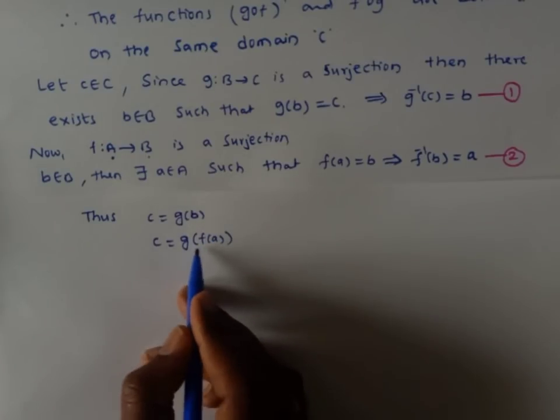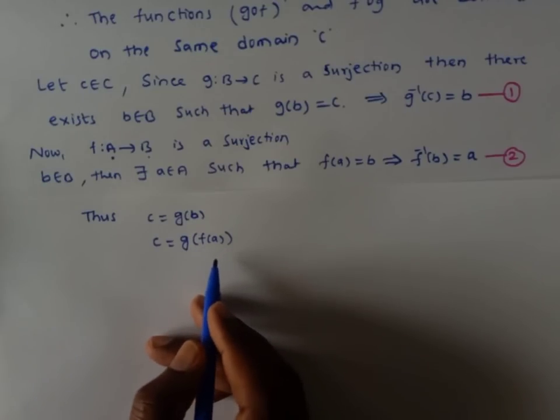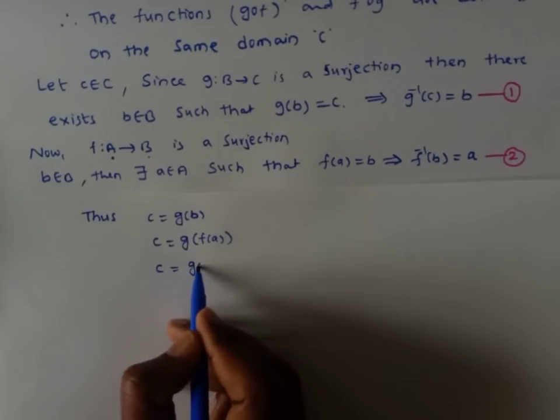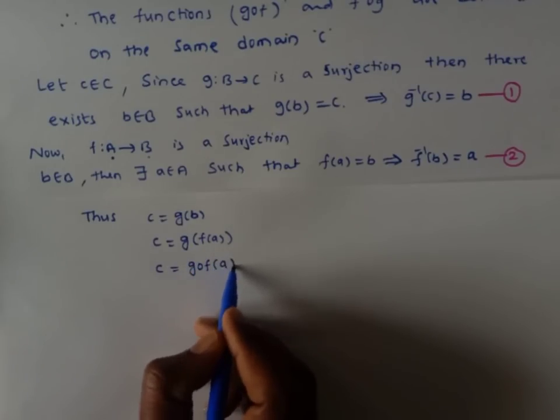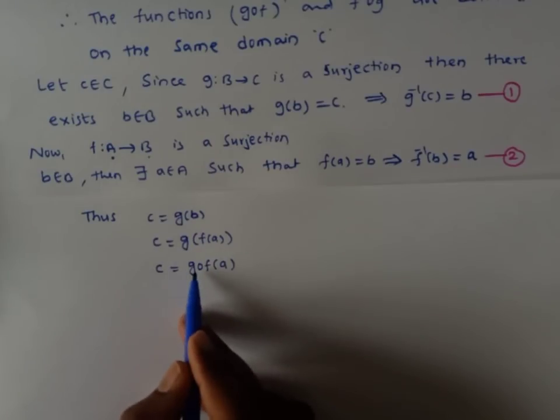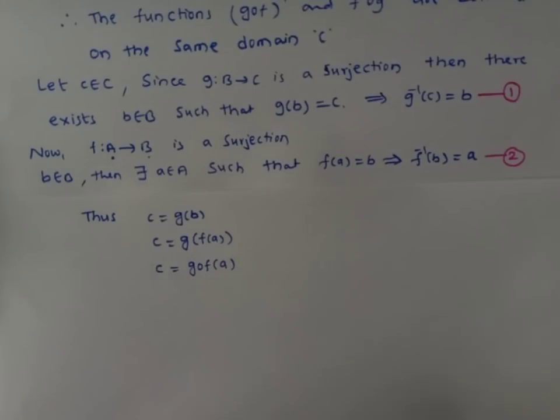It is in the form of G of f of A. By the definition of composition, G of f of A can be written as (G circle f) of A. So G circle f is a function, meaning (G circle f) of A equals C. Already G circle f has an inverse.